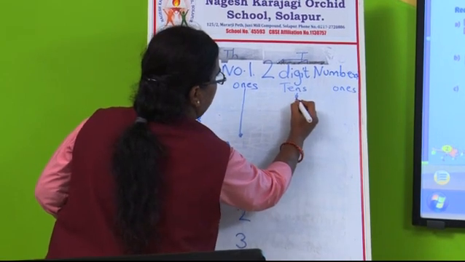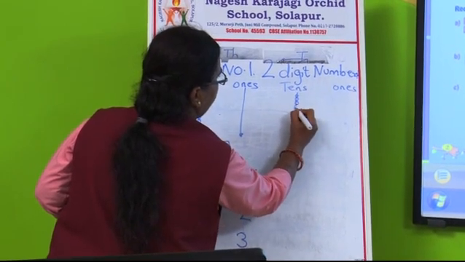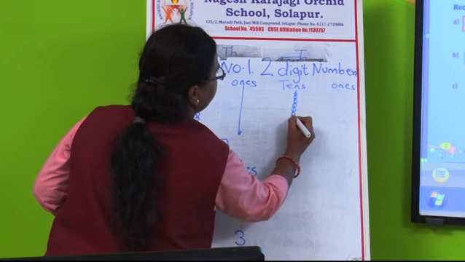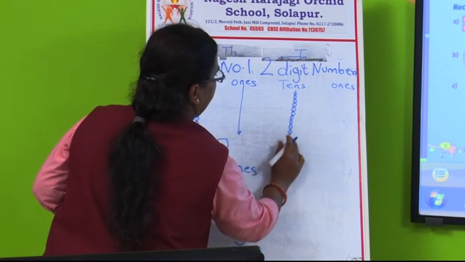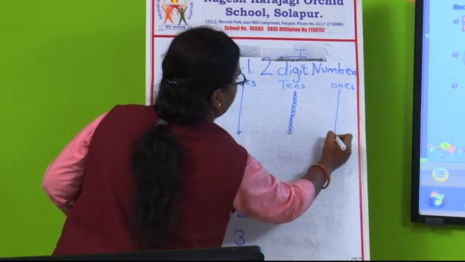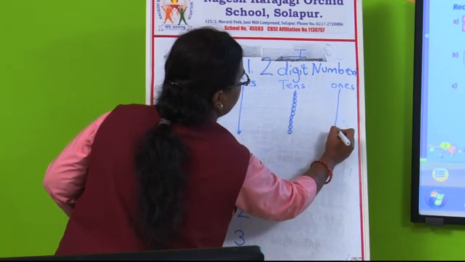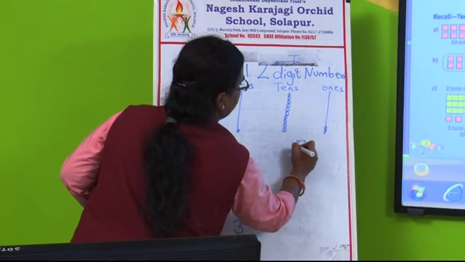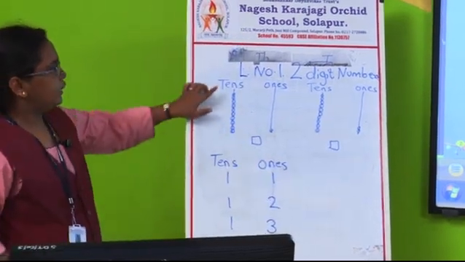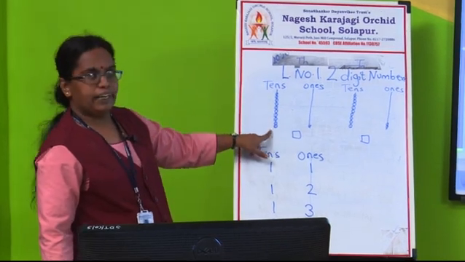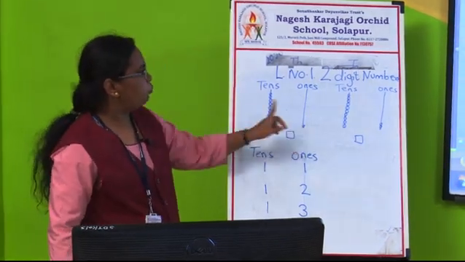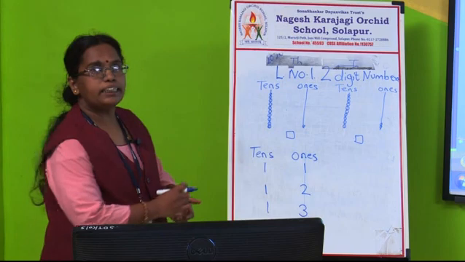Then 1, 2, 3, 4, 5, 6, 7, 8, 9, 10. Now see, on this stick there are 10 dots, that is 1 tens, and this is 1, so 10 plus 1 is 11.